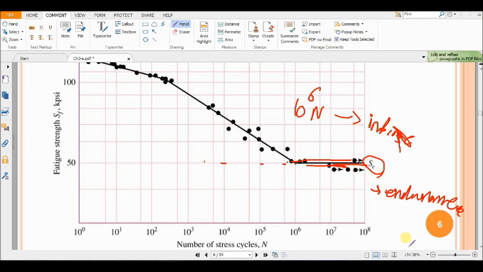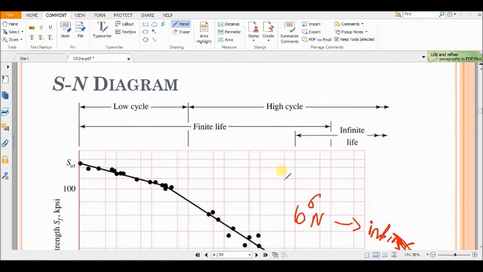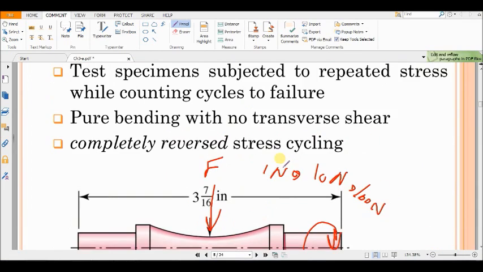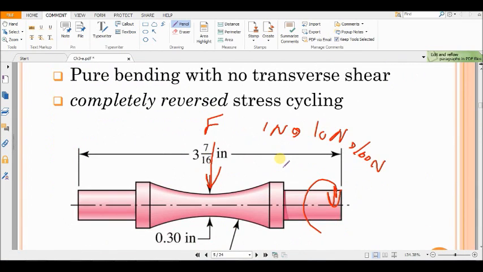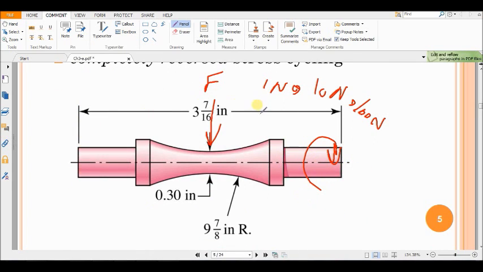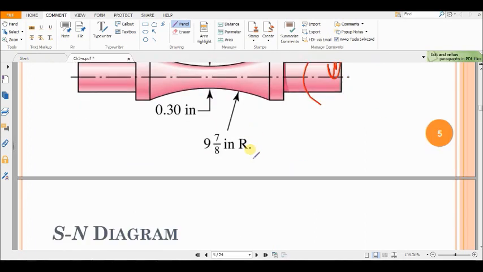We show it by Se. And this endurance strength for a specific material, as I told you, will be specified by tests under laboratory conditions.